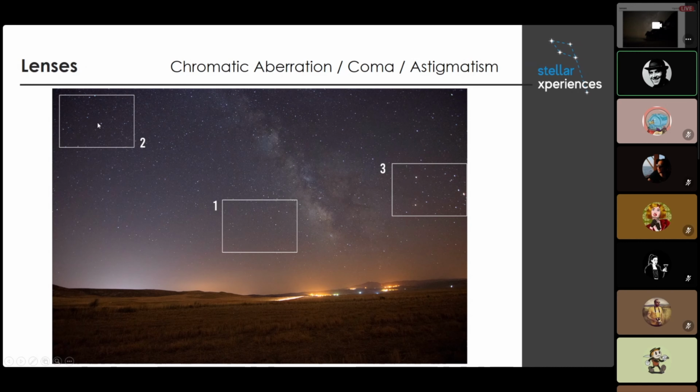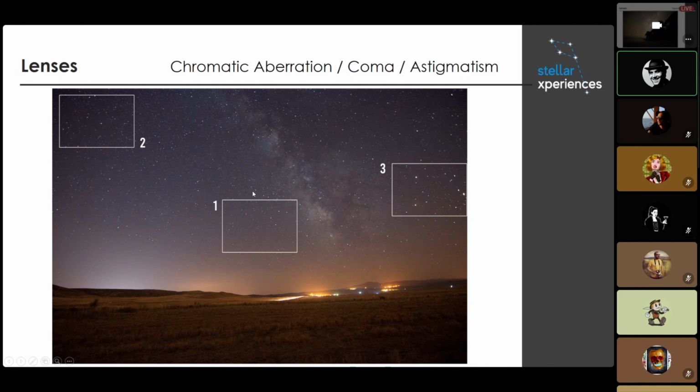So, depending on your budget and depending on your purpose, you can either buy this lens or not. But if you are aiming for higher quality, it's better not to buy a lens like this for astrophotography.